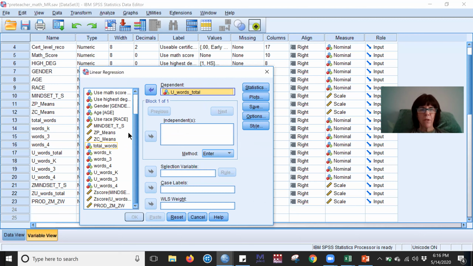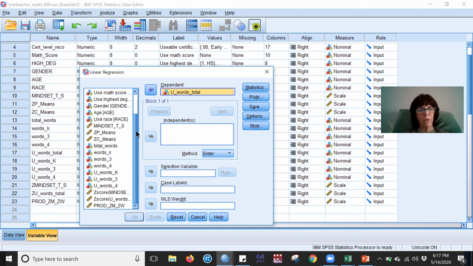Now, for the sake of brevity, I'm going to do this in a slightly more complex way than to just dump everything in. And that's because I want you to see some specific things. There are a variety of ways that you can enter variables into a regression model.